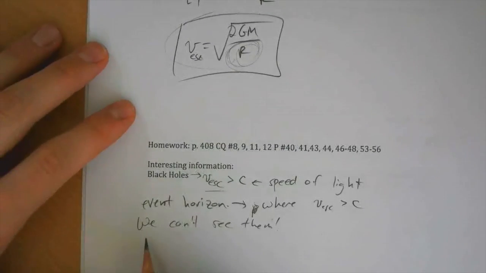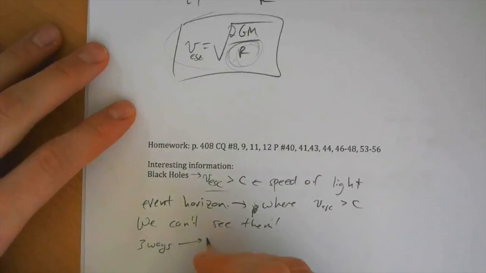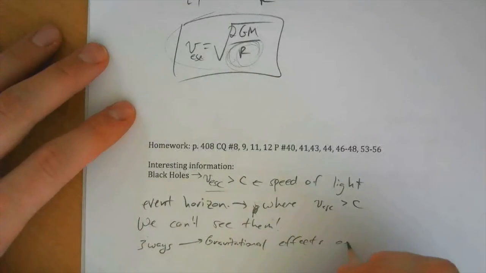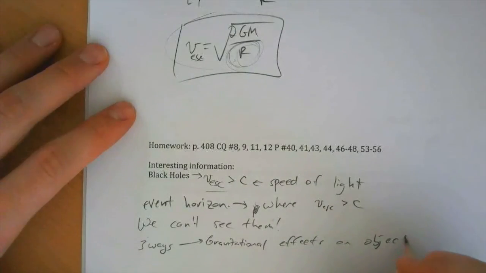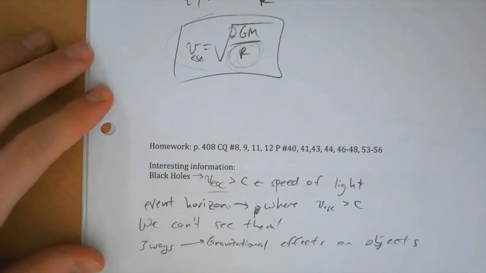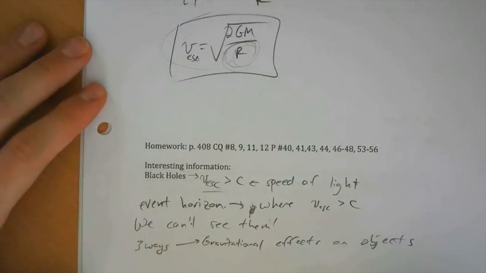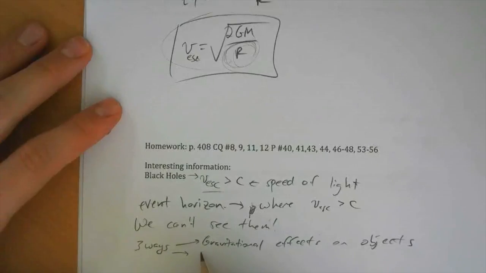There are three main ways. One, gravitational effect on nearby objects. If you've got a star that's orbiting around something and you look at the middle and you don't see anything, well, maybe there's a black hole there.